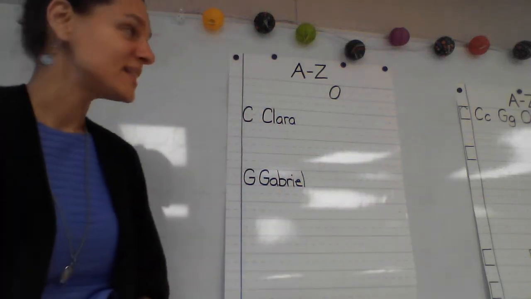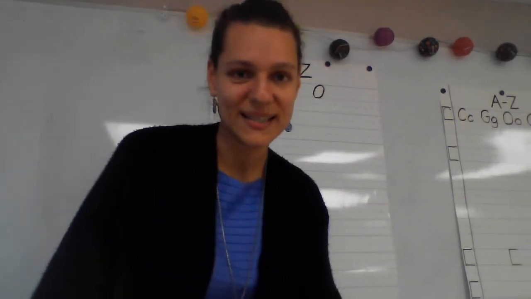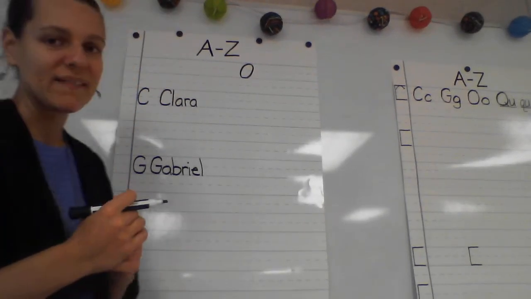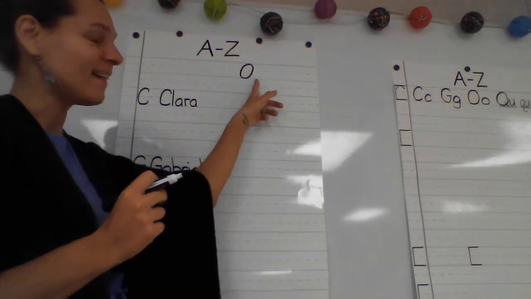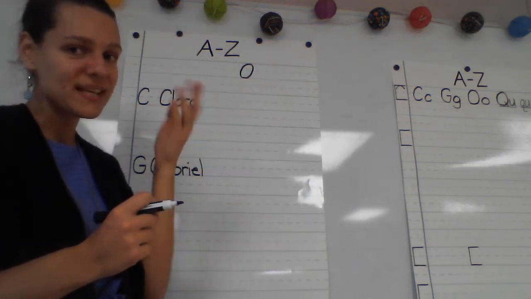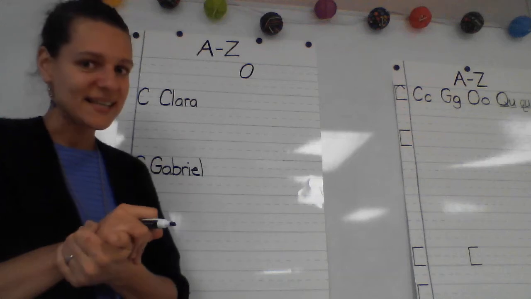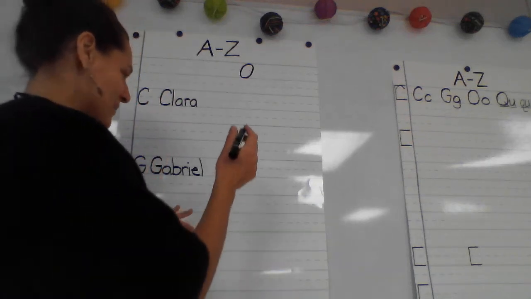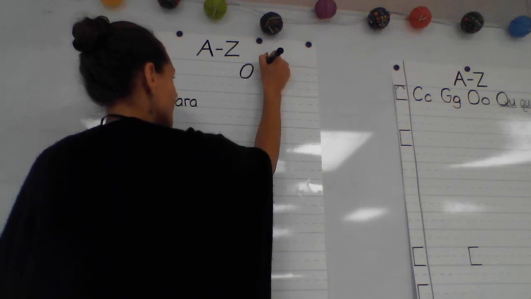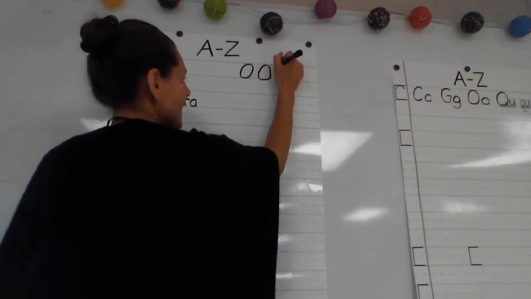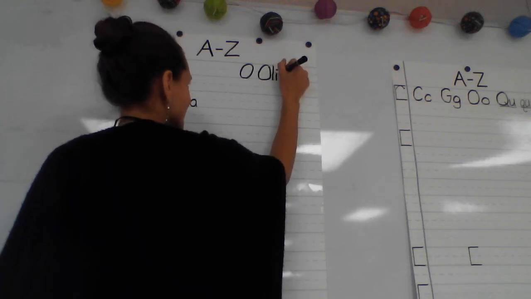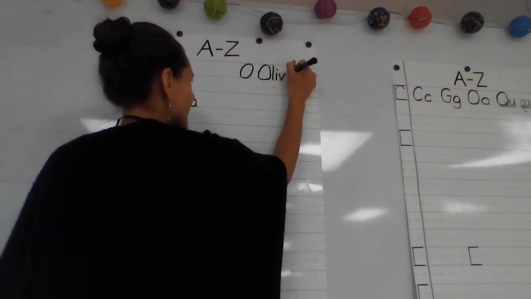So we also have a student in first grade whose name starts with an A, O, U, and that is Olivia. All right, so we're going to write Olivia's name next to our A, O, U, and that helps us remember whenever we write someone's name, we always start it with a capital. So when I write Miss Olivia's name, I'm going to start it with a capital A, O, U, not a lowercase. Always start it with a capital.